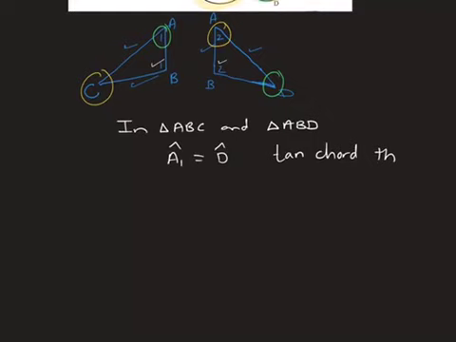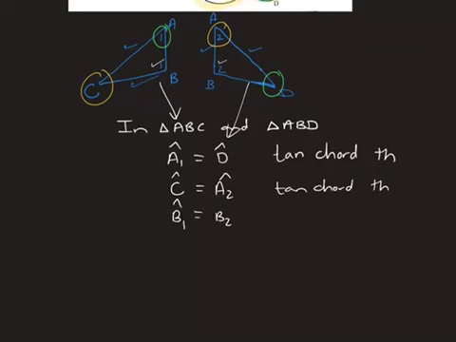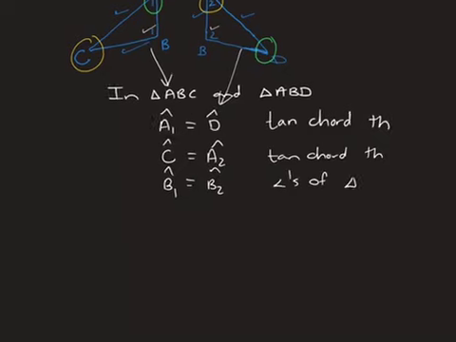Then we had angle C. So this is the first triangle I'm working with. So angle C is equal to A2, tan chord theorem. Okay, so the first lot of sides must come from the first triangle, the second lot from the second triangle. And then angle B1 is equal to B2 by default for angles of triangle.